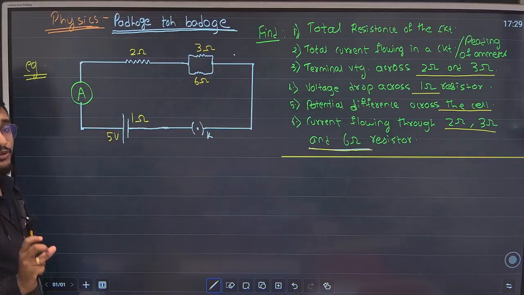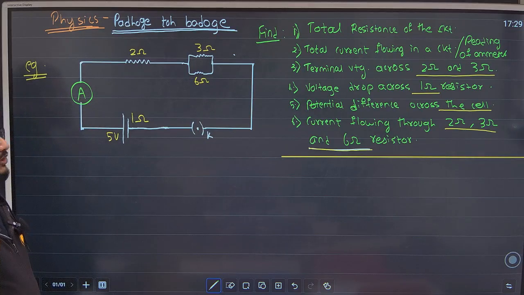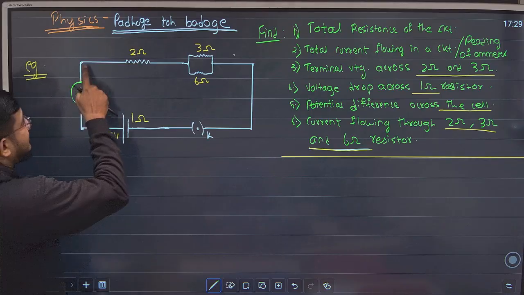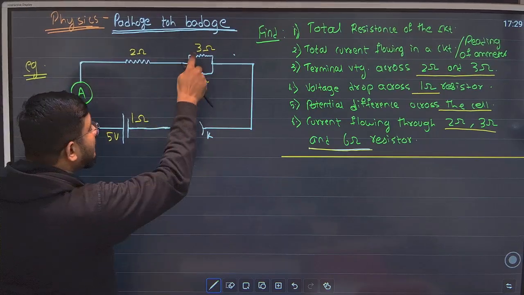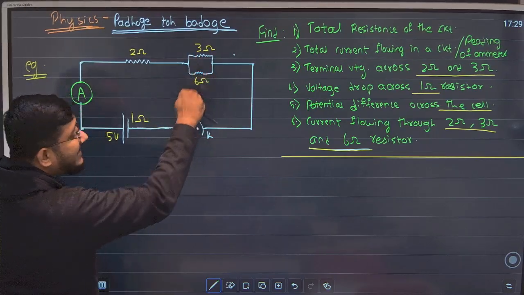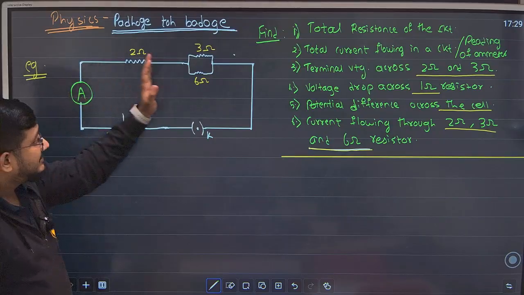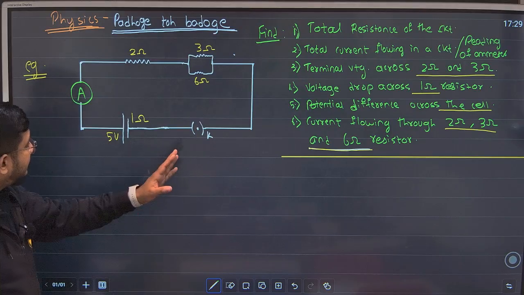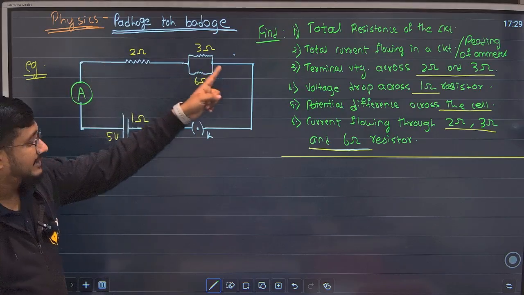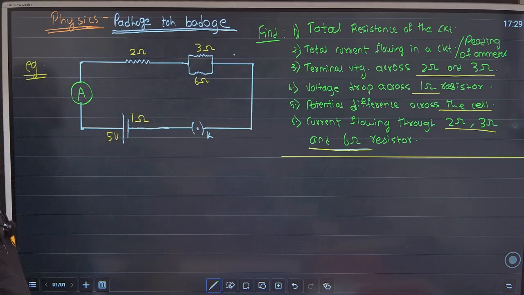Ammeter is used to find the magnitude of current flowing in the circuit. Then there are resistors of 2 ohm, another 3 ohm and 6 ohm. These resistors are connected in parallel in the circuit. So this is the circuit, the key over here. The current is flowing from positive to negative. Let us see what they are asking in this question.